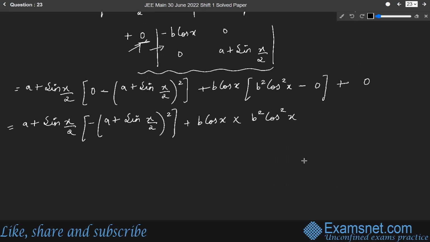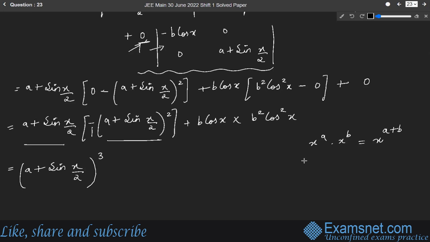You can see that here we have a plus sine x by 2 and a plus sine x by 2. The base is the same and the powers will be added. We know that if x power a into x power b is given, then the base is the same, so we write the base once and we add the powers. So here the base is a plus sine x by 2 and the powers are 1 and 2. So 1 plus 2 is 3. And let us take this negative sign outside, right?